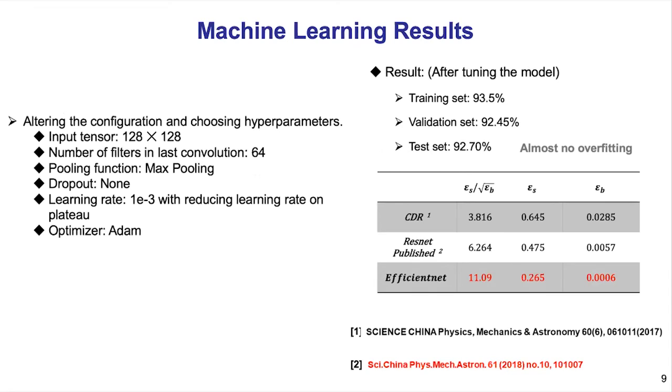So as we can see, we only conducted some simple configuration of the hyperparameters. First is the input resolution. We chose it to be double, just 128 by 128. That is because our original resolution is 64 by 64.